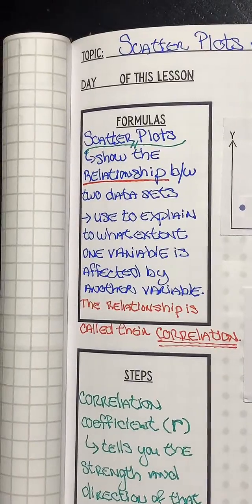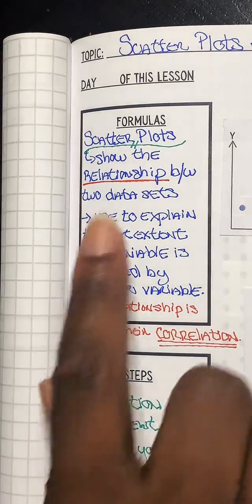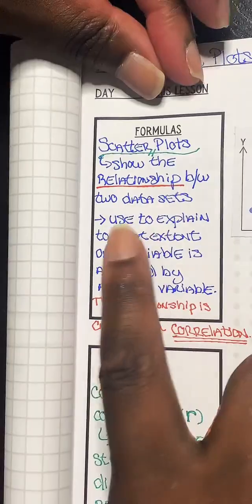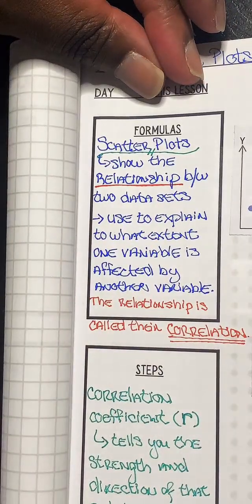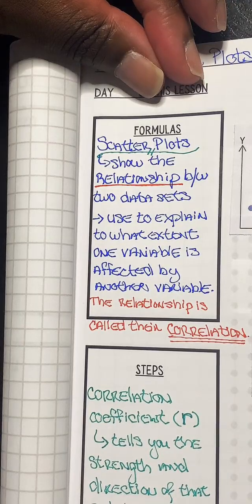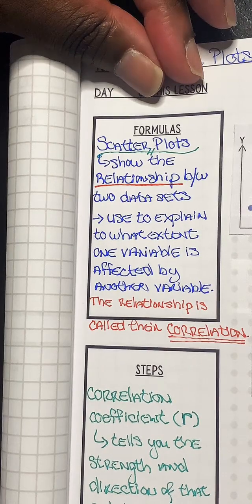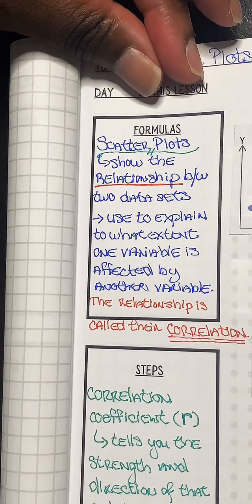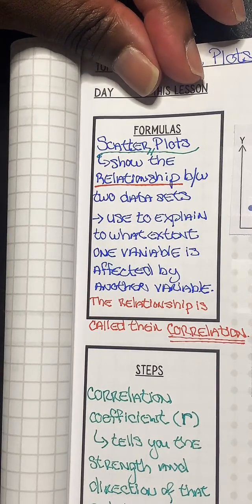All right, so with scatter plots, we're basically showing the relationship between two data sets. So we're looking at the comparison of X and Y. It could be the number of hours you work depending on how much money you make, or how many hours you work out will depend on how much weight you lose.